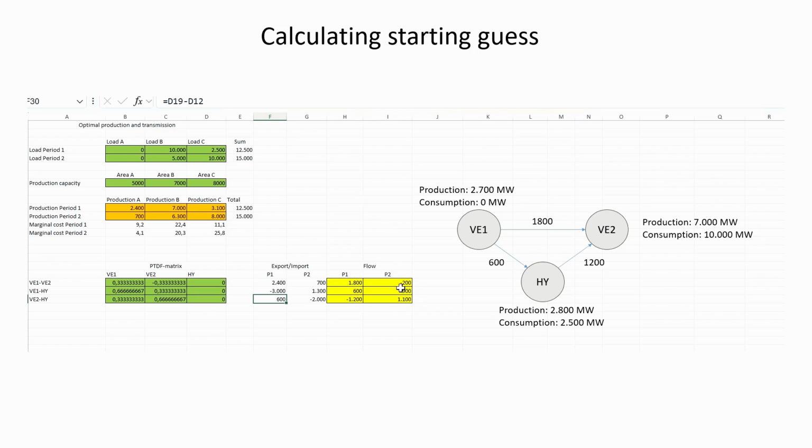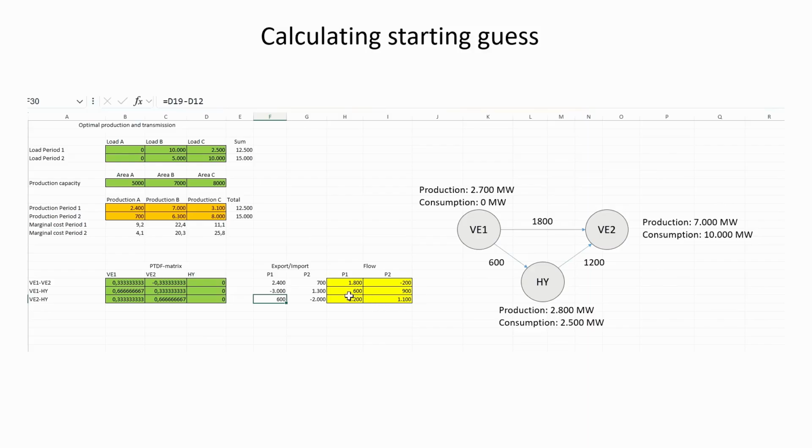And if I have a capacity of 900 megawatt on the line between V1 and V3, then it is possible to transport the power that is needed to be transported in this line.